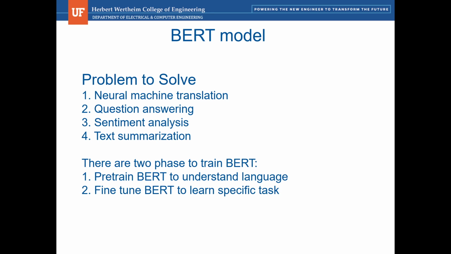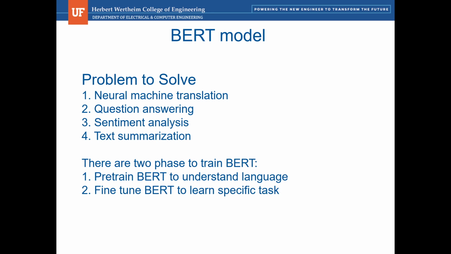So we can use BERT to learn language translation, question answering, sentiment analysis, text summarization, and many more tasks. Turns out all of these problems require the understanding of language.